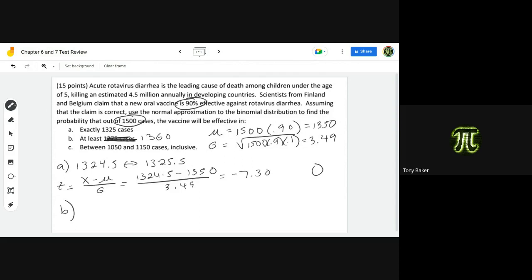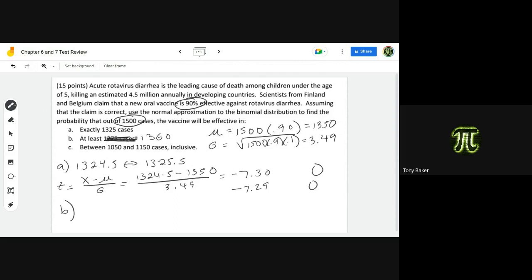If you find just one, you don't get the actual value for that specific amount. You're going to get it to the left or to the right of that. So in this case, the other one is probably going to be like negative 7.29, which also is 0. So we're going to bring 0 minus 0, which doesn't really help me. I'll show you the same concept when we do C. We're going to look for the two and subtract them. No problem.